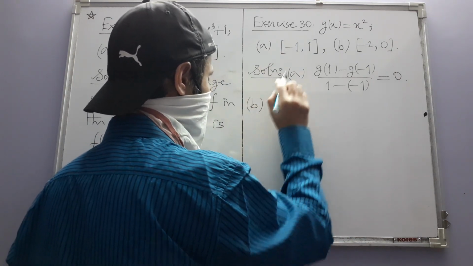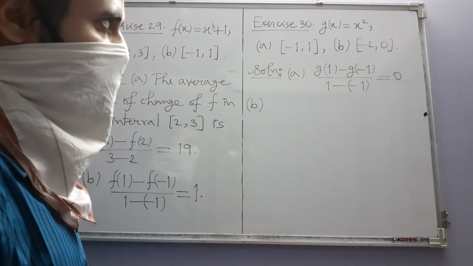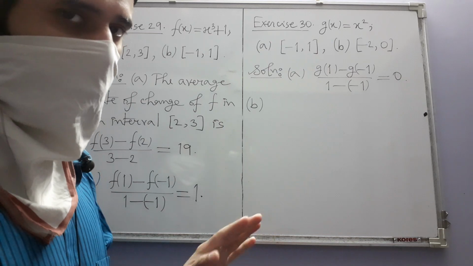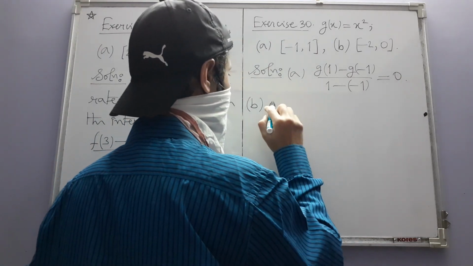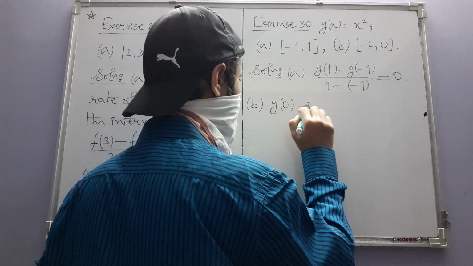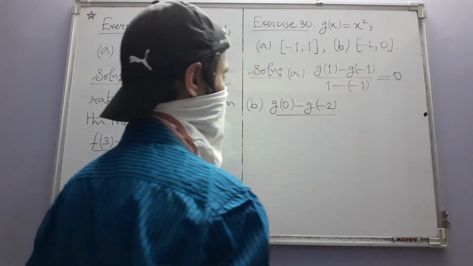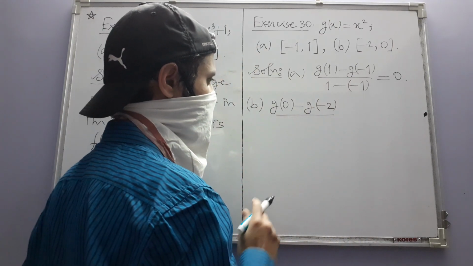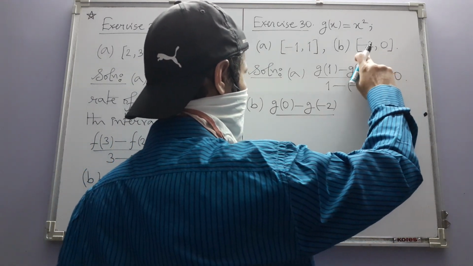But when you consider it, the first interval is symmetric about the real number x equal to 0, and that one is not. So there we are going to see some rate of change. G of 0 minus G of minus 2. Always when you calculate this average rate of change, you take this minus this.